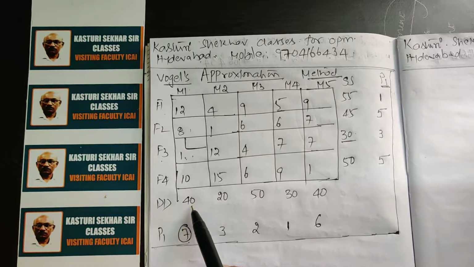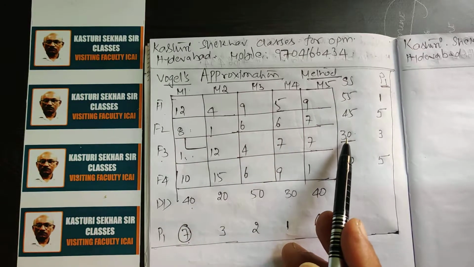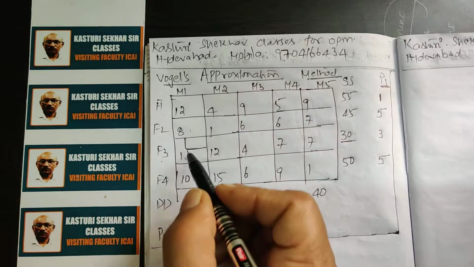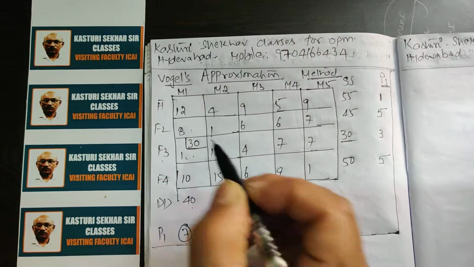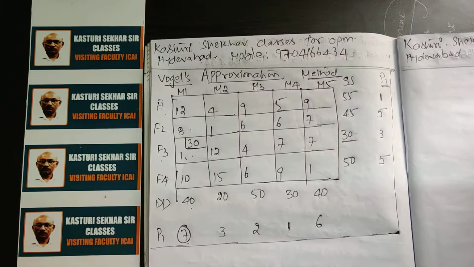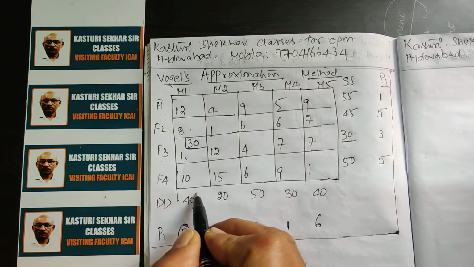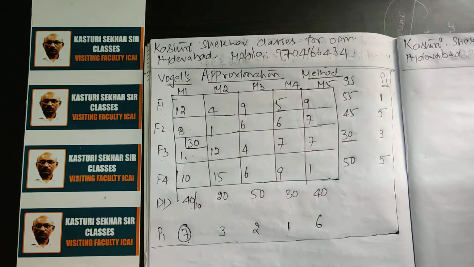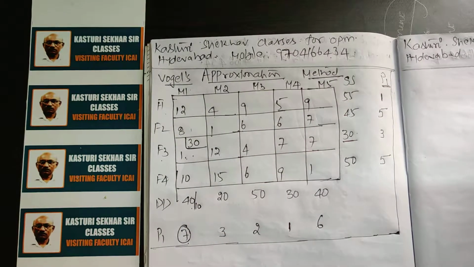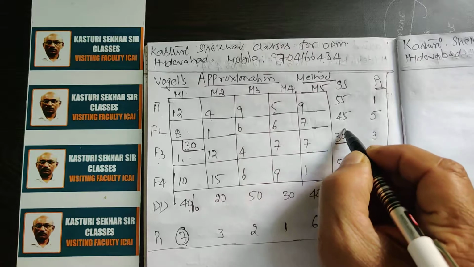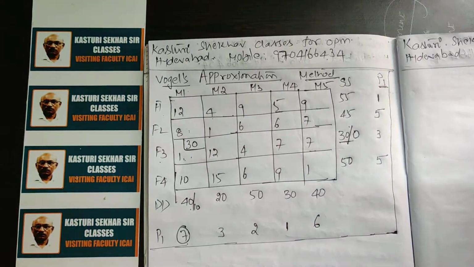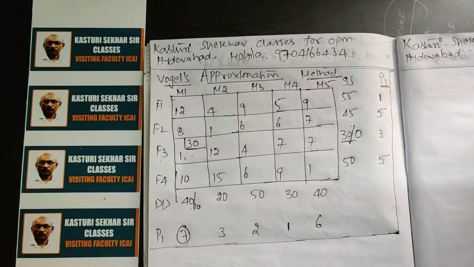Out of these 40 units requirement, 30 units I am supplying from factory 3. 30 units are supplied from factory 3 to market 1. Requirement is reduced to 10. Availability will now become 0.